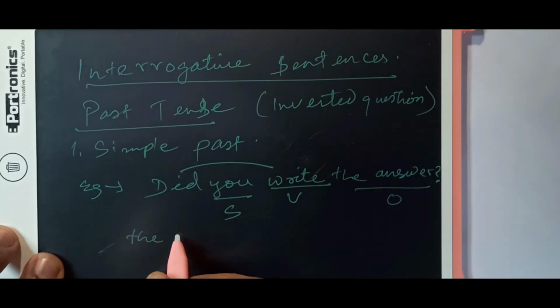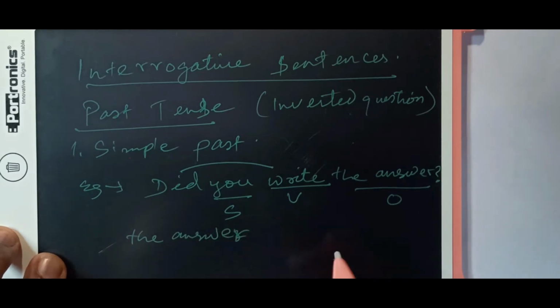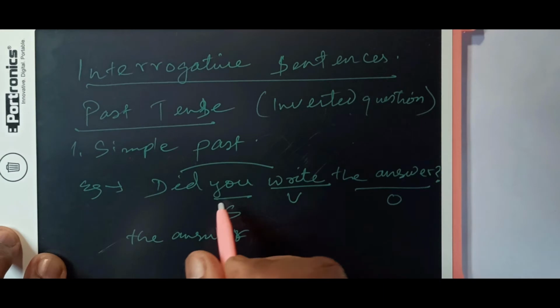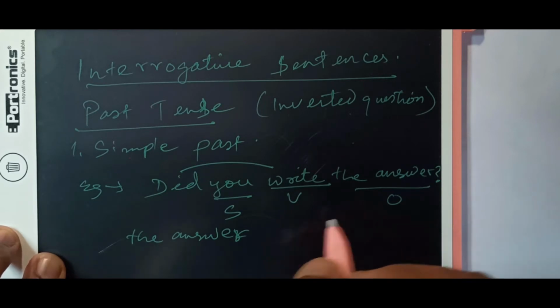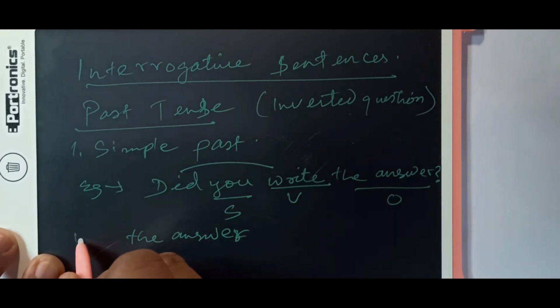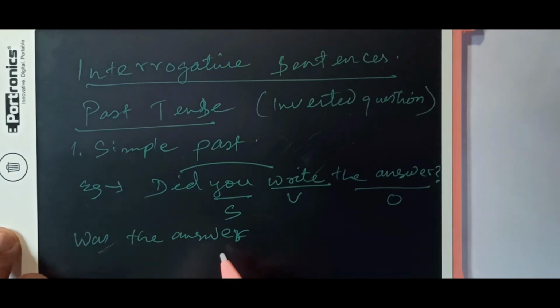So the answer. Now did and write together becomes wrote. If it is wrote, then we have to think of a newly introduced auxiliary verb. So it's going to be was. How it happens like this, I'm going to explain to you later after this.